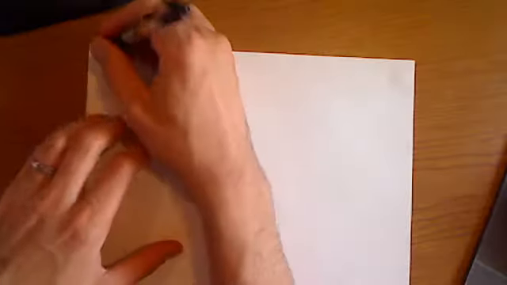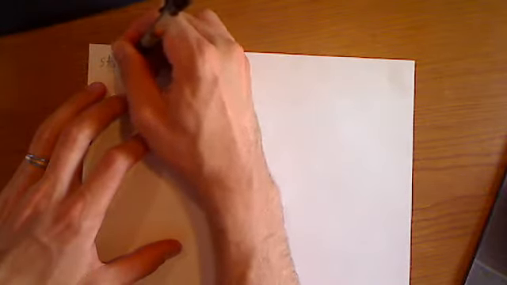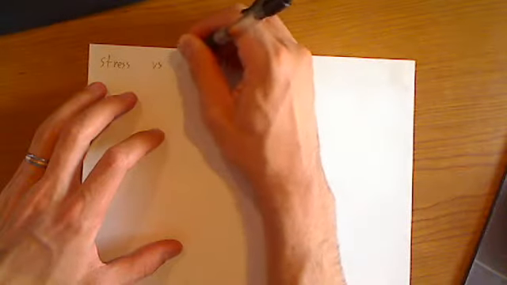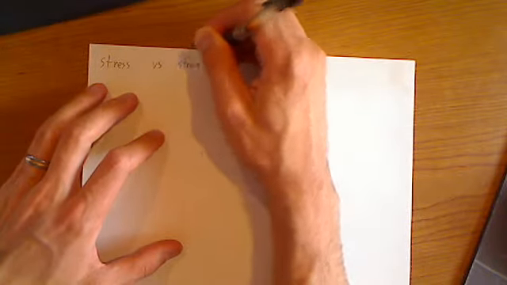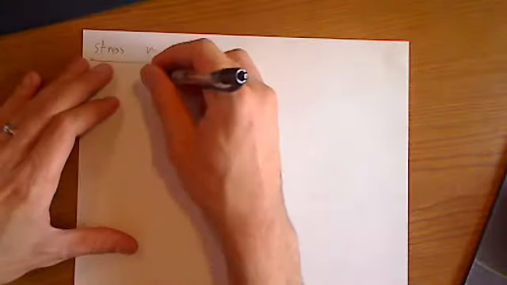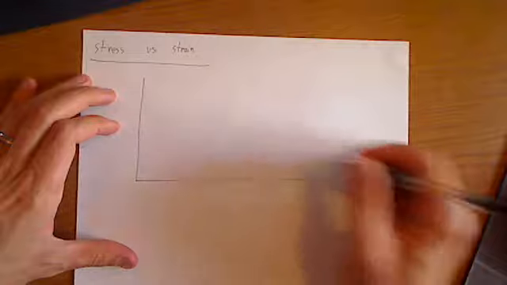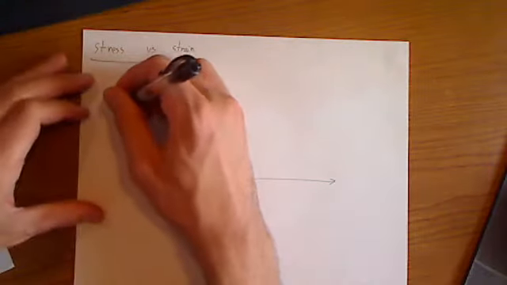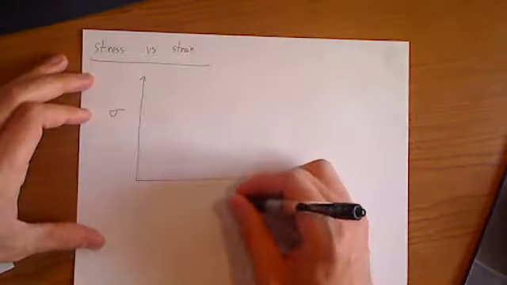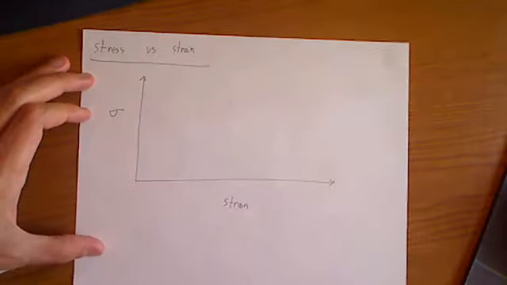Now go on to stress and strain. Stress versus strain. So what we need to know about the stress versus strain diagram. We have stress up here, strain down here.